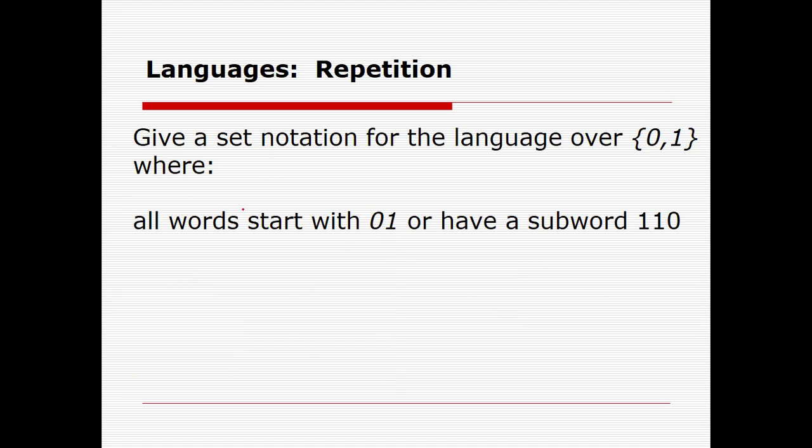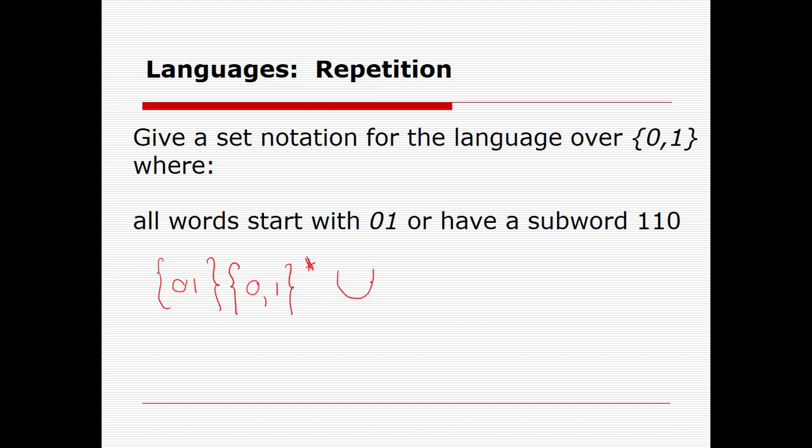So let's see if we can write this in a set notation. Apparently we have two options. That means we will have a union in the middle. One option is we start with 0, 1. And then we can add as much as we like from the alphabet in any combination. So we can choose from 0, 1, 0 times, 1 time, 2 times, 3 times, whatever we like.